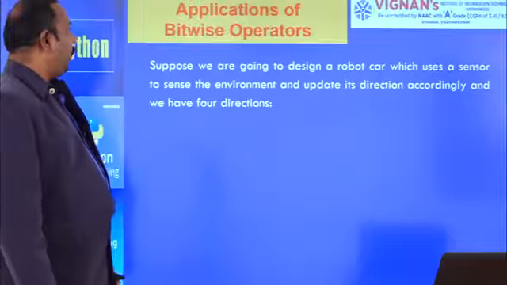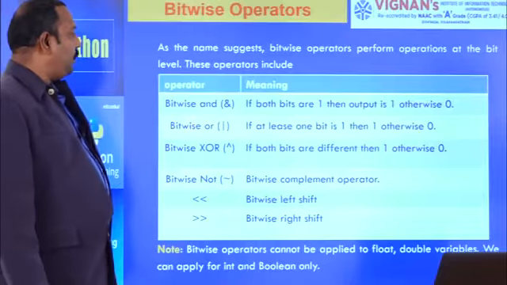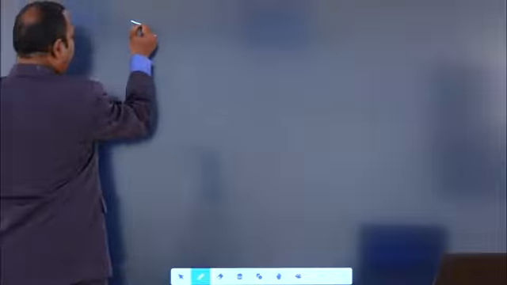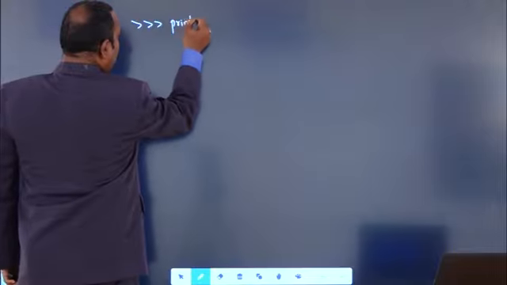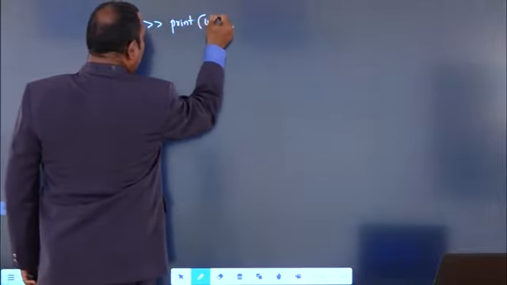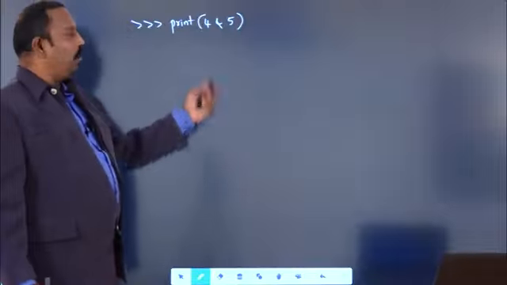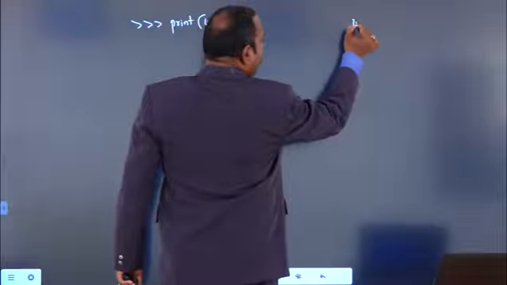So when coming to the examples, the first one is the bitwise AND operator. Suppose I have written print 4 and 5. Here 4 will be represented in terms of bits.